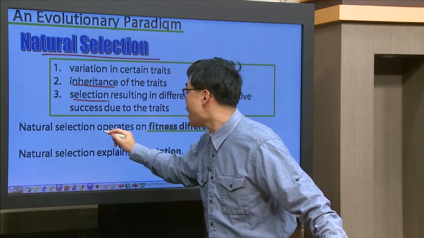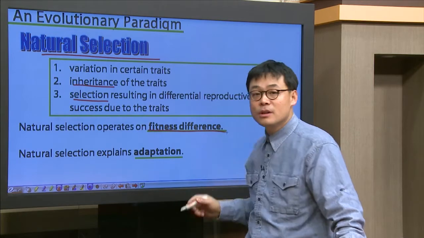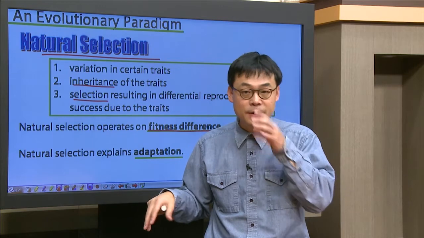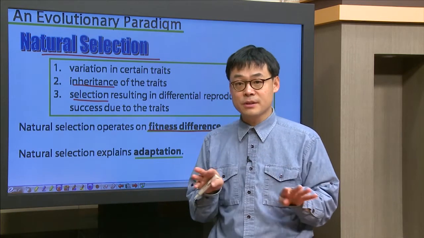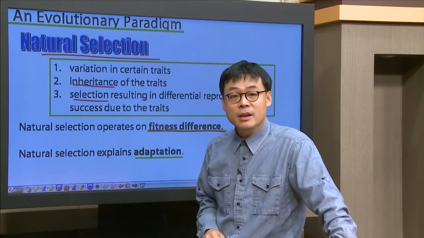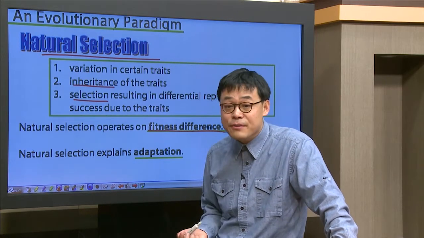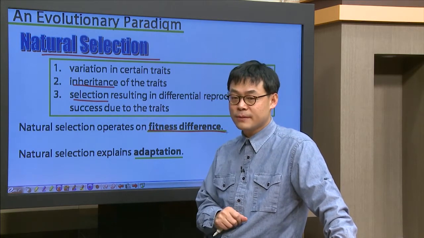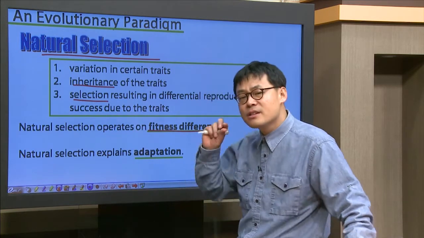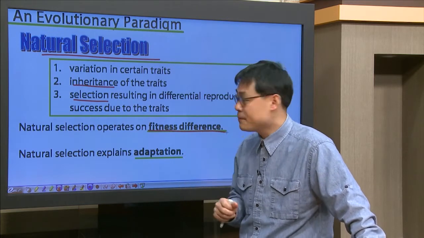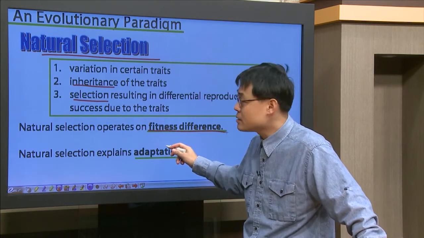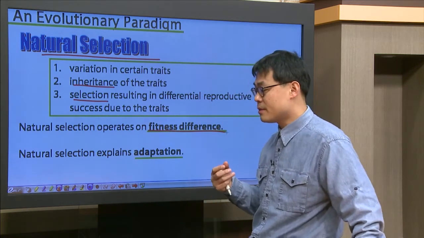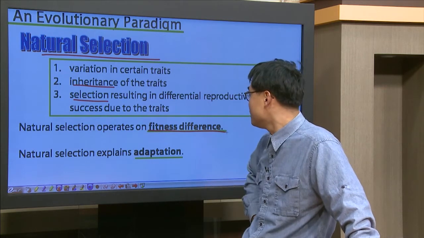Natural selection operates on fitness differences. If the behavioral types or phenotypic types have no fitness difference, then natural selection cannot operate because on average they give equal fitness values. But if there's even a slight difference between these two behaviors, then natural selection operates in favor of the one that has the higher fitness value.